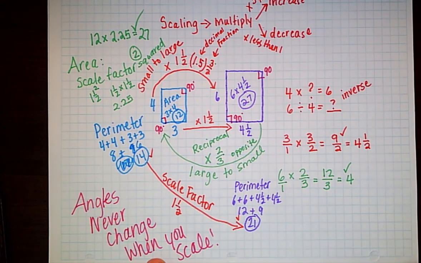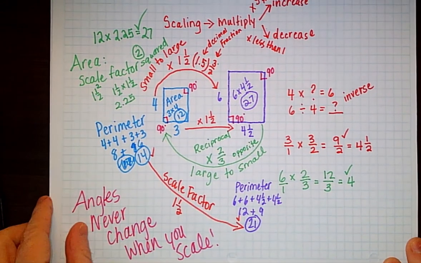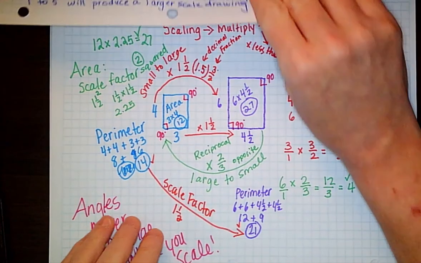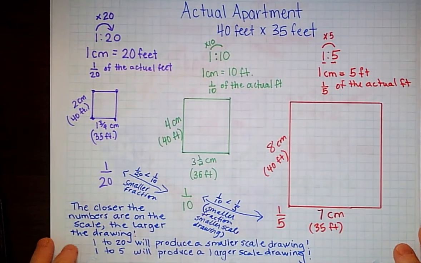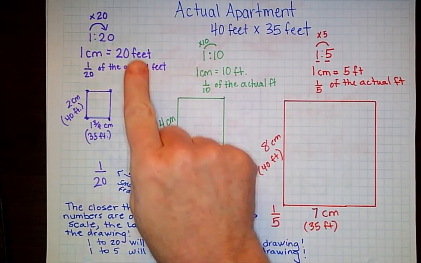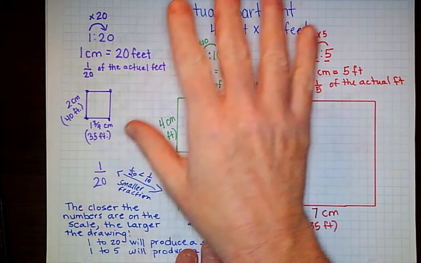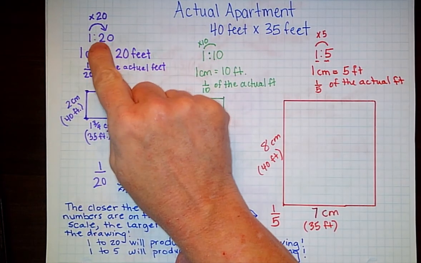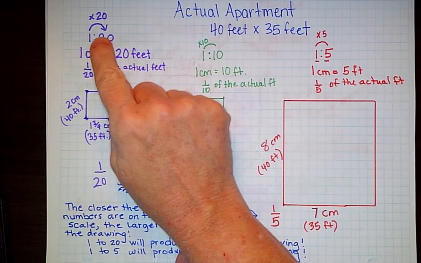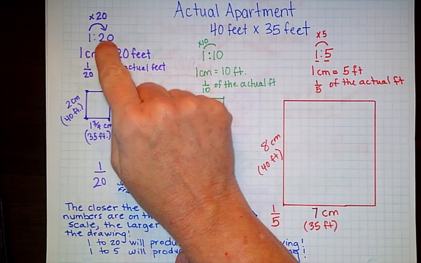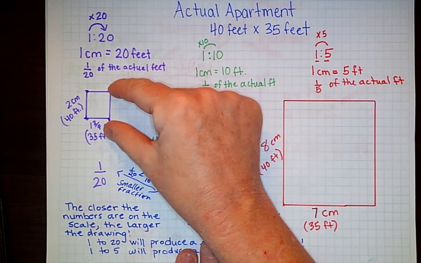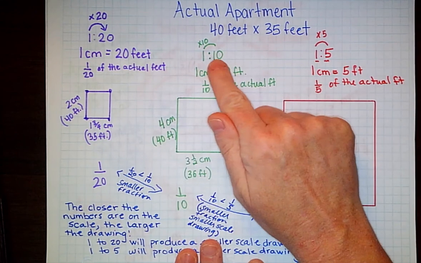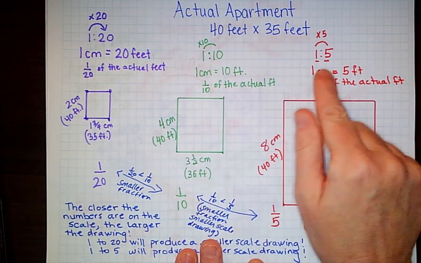All right, one last thing before we go. I just want to review this. We did this earlier. This is another great visual. When you are scaling to shrink something from the original size, the further these two numbers are away, the smaller your image. 1 to 10 is closer, bigger.